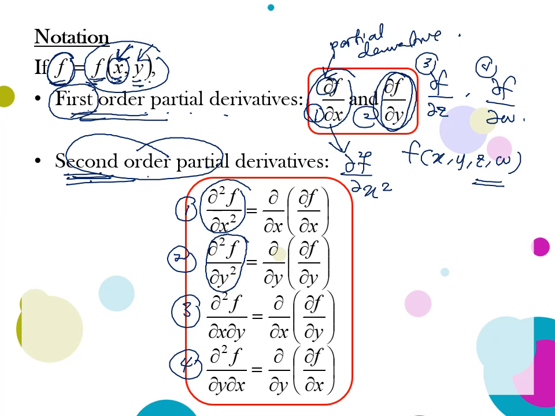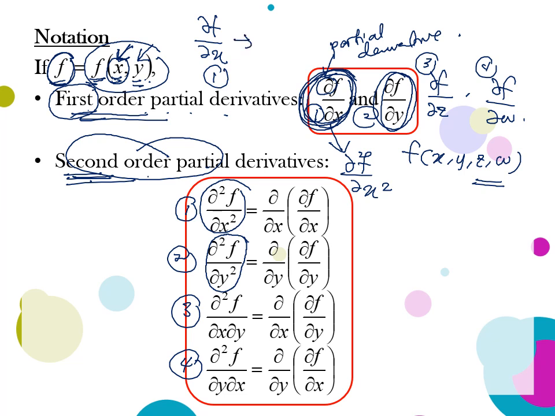You can also differentiate with respect to a different variable. First you differentiate with respect to x, so you will get the first order derivative del f over del x. The second time, you differentiate this function with respect to a different variable.